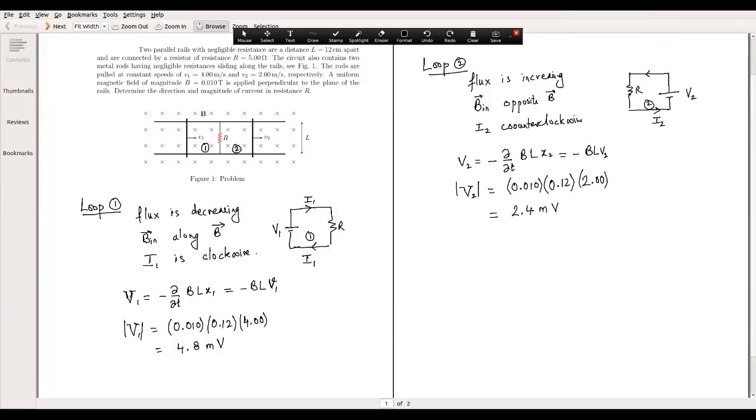So there are two. Overall, what we have is a battery V1. So effectively, this is what is happening. We have a battery V1 and a battery V2 connected in this form.